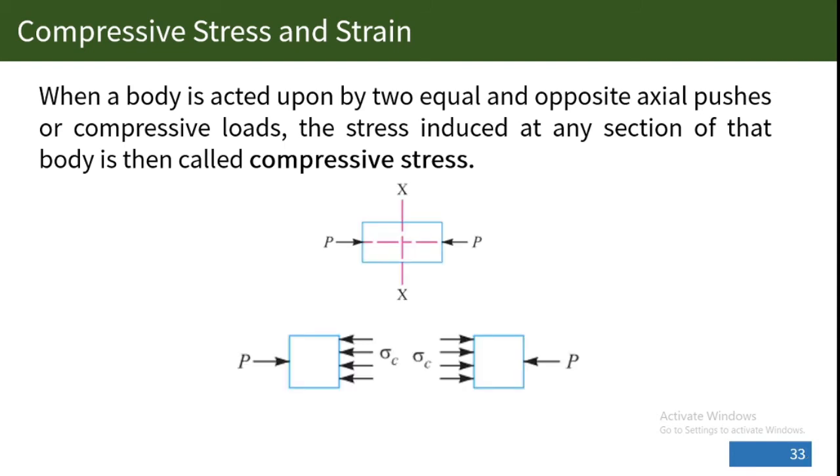Okay, let's take a look at this figure. The forces denoted by P in this figure are applied going into the body. So these are two equal and opposite pushes.